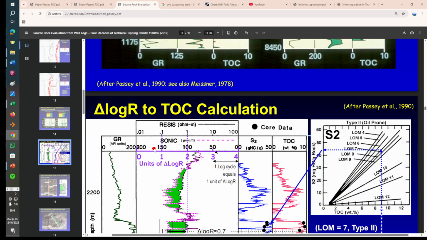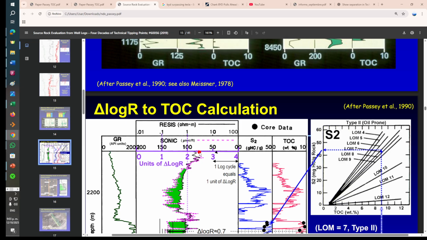In this case we're keeping 4 cycles, because we have 1, 2, 3, 4 cycles, each equal to 50 microseconds per foot, sorry.